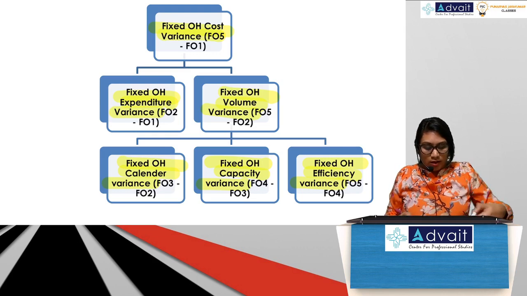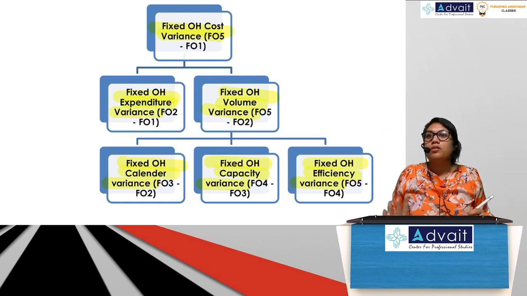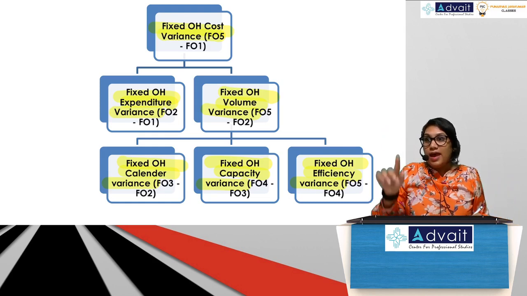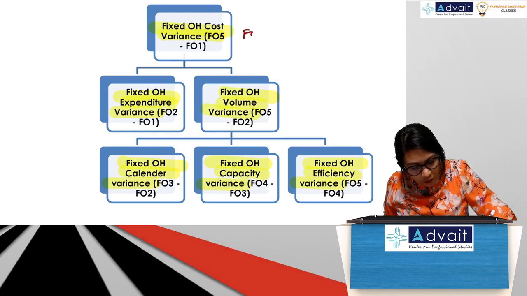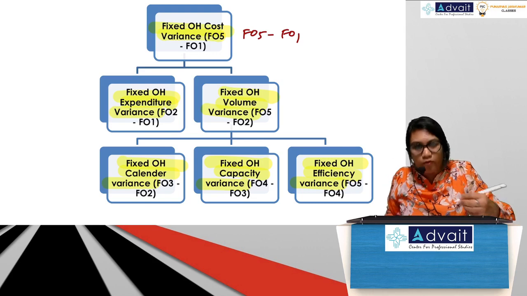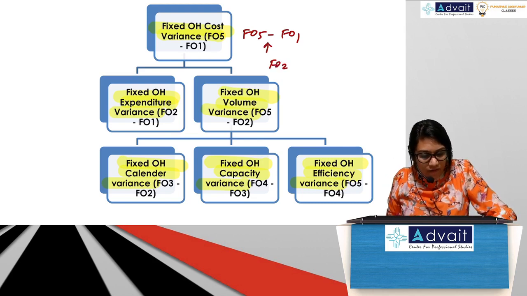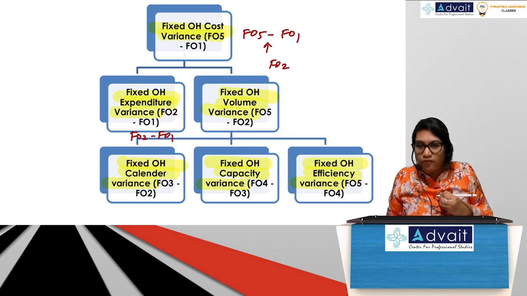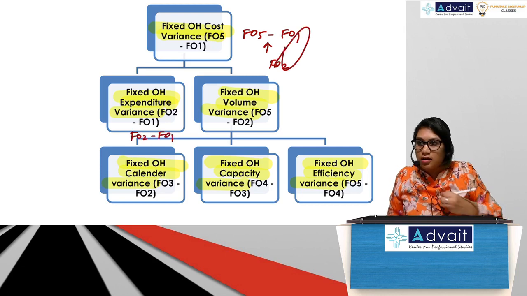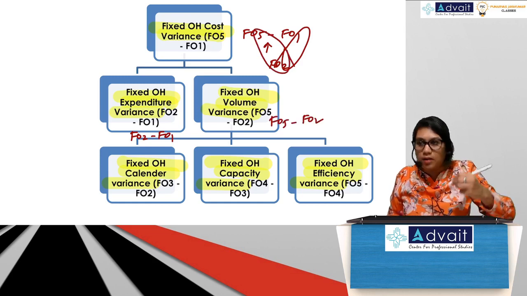Now, the formula structure of this is the same as labor. L5 minus L1. So, FO5 minus FO1. Now what comes? FO2. So, FO2 minus FO1 first goes here. Then FO5 minus FO2, it comes here.